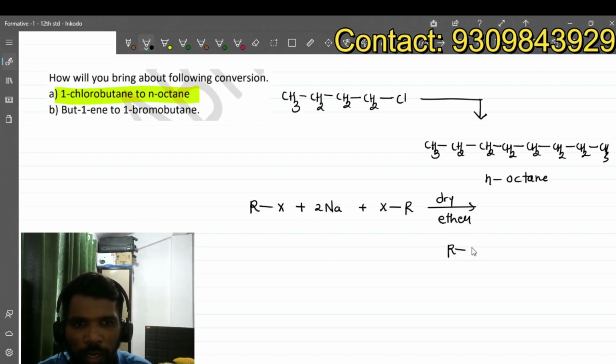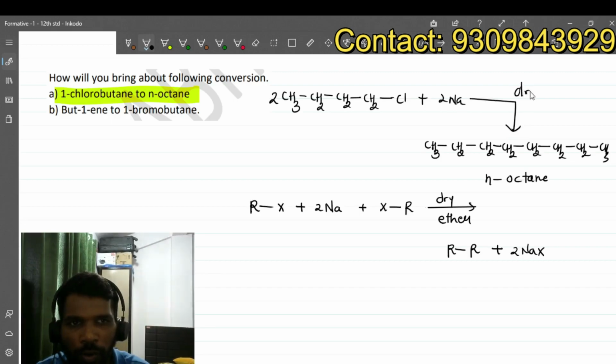It is R connected to R plus 2 moles of NaX, right? So this is that 2 moles of this. You react this with sodium in the presence of dry ether. This is known as Wurtz reaction. So you can do this preparation.